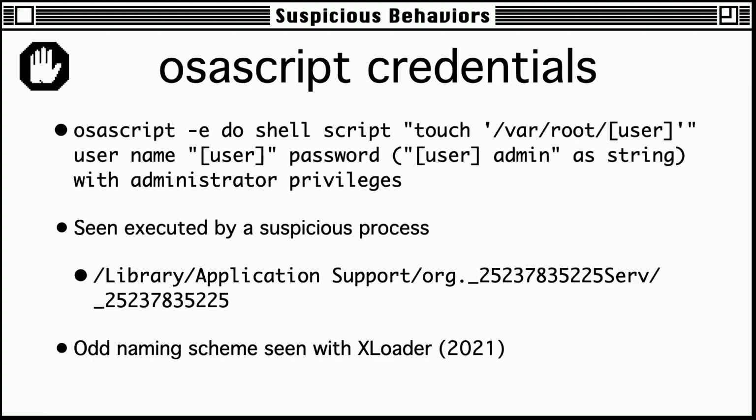And this was also seen being executed by a very suspicious process. That's a weird name, right? org dot some bunch of numbers. This is behavior seen with something called XLoader, which was first seen back in 2021.